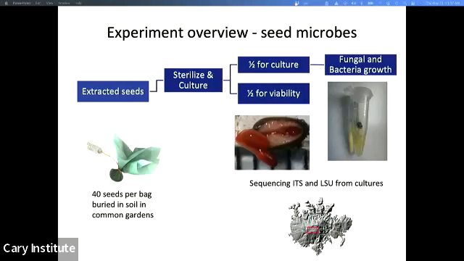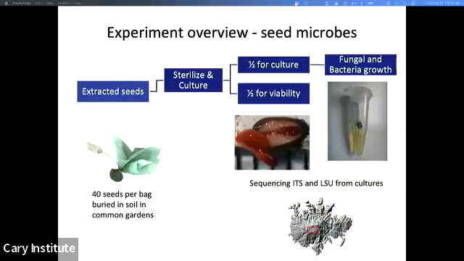The name of that test is tetrazolium, but names are not that important here. The important thing is that for each particular seed, we knew if the seed was dead or alive at the time of retrieval. And then the other half went into this pipeline in which we cultured that seed in media, and we had at the end fungal and bacterial growth.